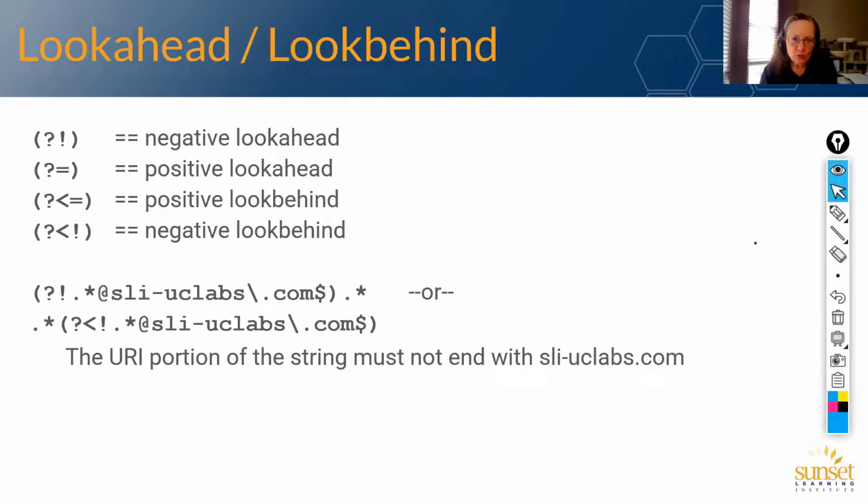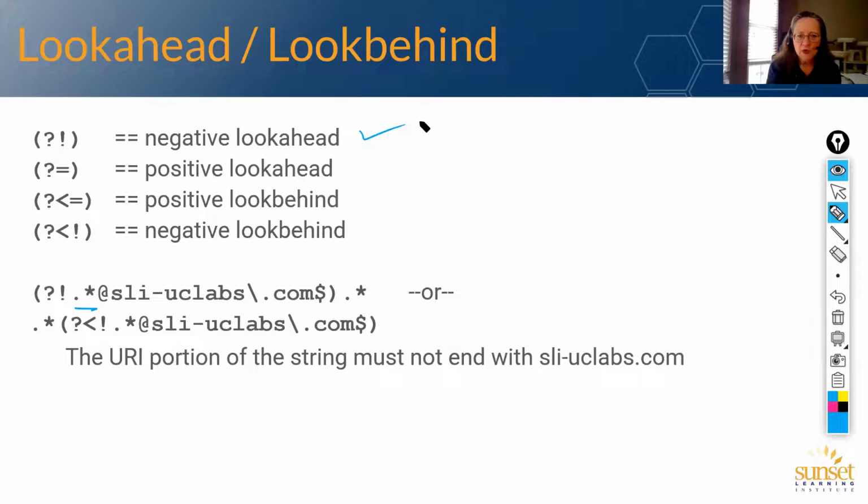Here are two, though, that you will see in VCS, and these two, interestingly, are equivalent as far as the Expressways are concerned. Let's take a look at what it's saying. Question mark, exclamation point, and then anything. Negative lookahead. What that's saying is there shouldn't be anything in front of this.